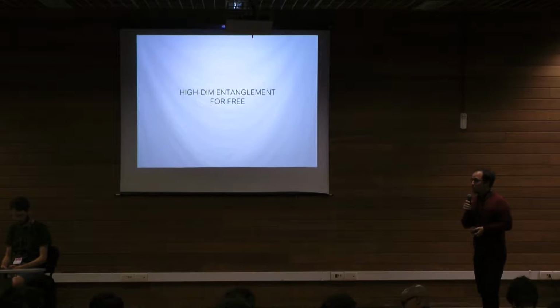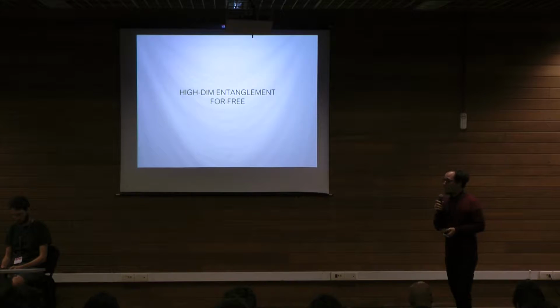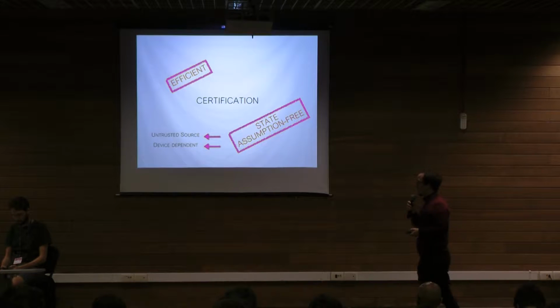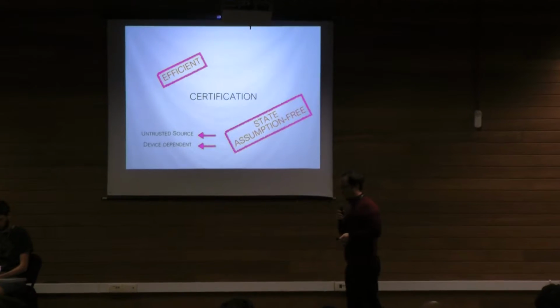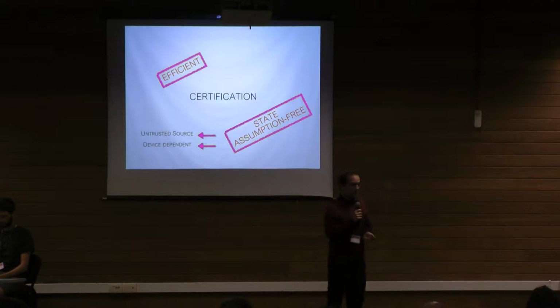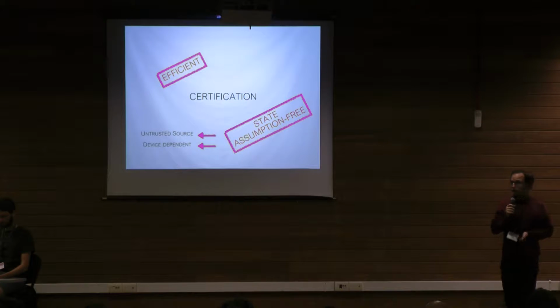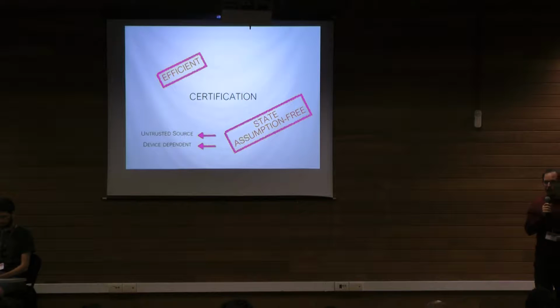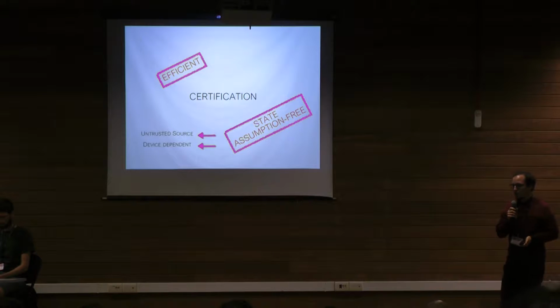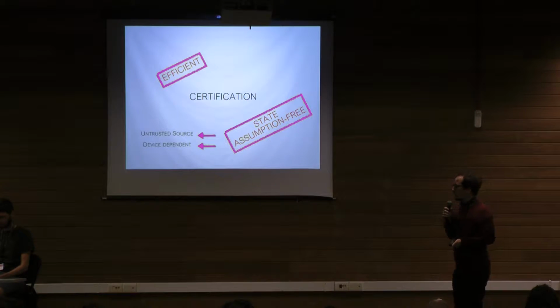And of course, they would like to have some theory for that as well, right? Now they can create them, what can they do with it? The problem with higher dimensions, however, comes in certification. Because if you have high dimensional entanglement, the task of actually certifying what you have in your lab gets more and more difficult with higher dimensions, right? Think tomography, for example.